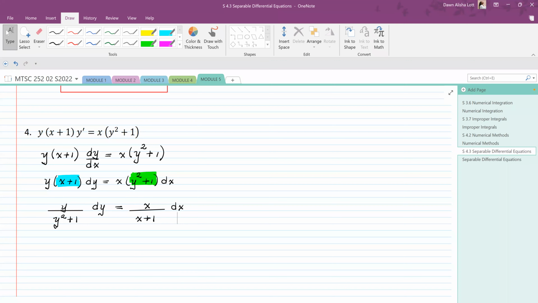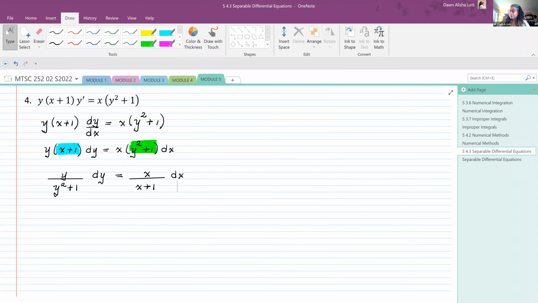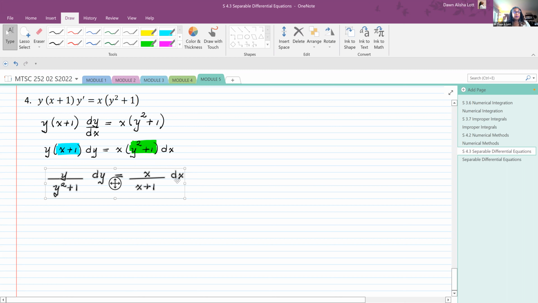Okay. Now comes the harder part. The hard part comes when we integrate it. Okay. Now we're going to put an integral in front of it.